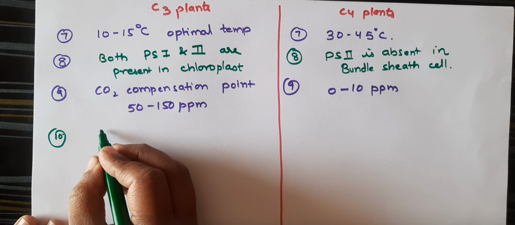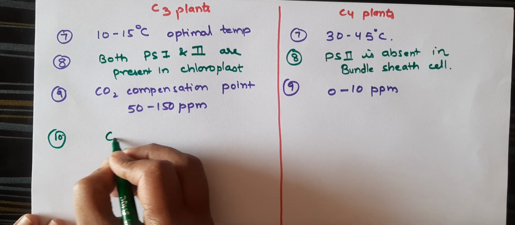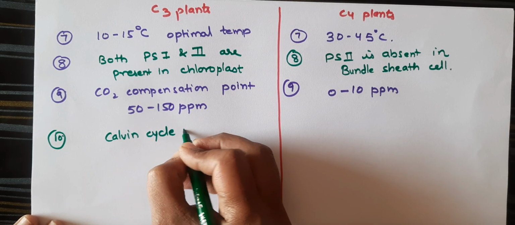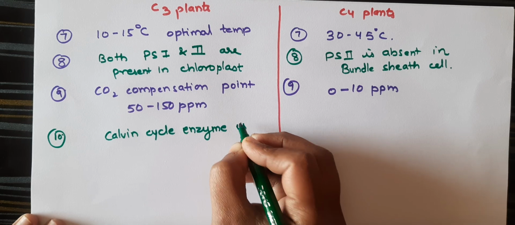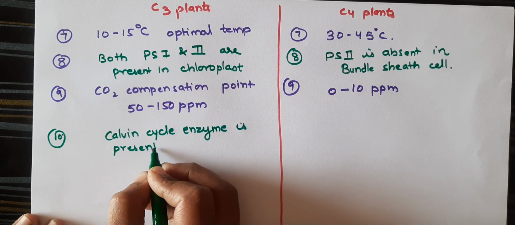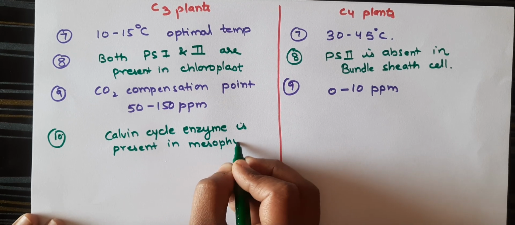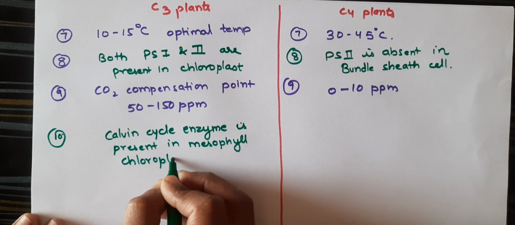The next difference is that the Calvin cycle enzymes are present in mesophyll chloroplast.